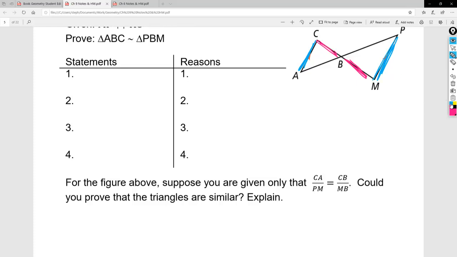Well, the only extra piece of information I would have is that these two angles here are congruent because of vertical angles, but this would be side-side angle, right? So I can't use that. It would need to be this angle right here. So angle C and angle M would need to be my congruent angles, but because they didn't give me anything verifying that, I cannot say that these triangles are similar.